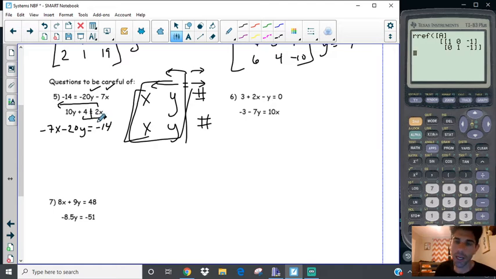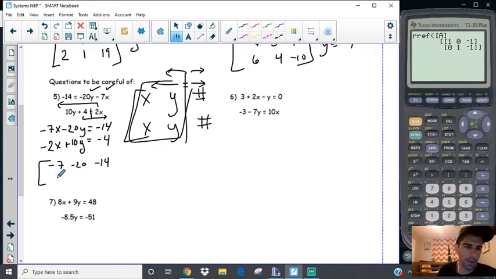In the other ones, I didn't change anybody's location. But here, I'm going to move this 2x to the other side, which means I'm going to change its sign. The 10y, I'm going to leave alone. And then the 4, I'm going to move over to the right side so it becomes a -4. So that's the matrix you're going to want to set up right there: -7, -20, -14, and then you have -2, +10, and -4.